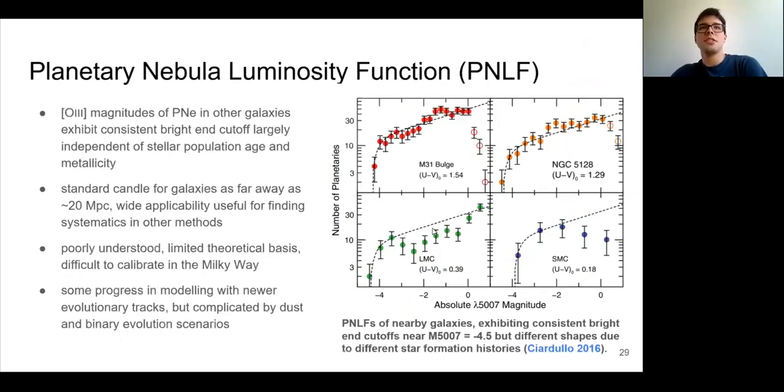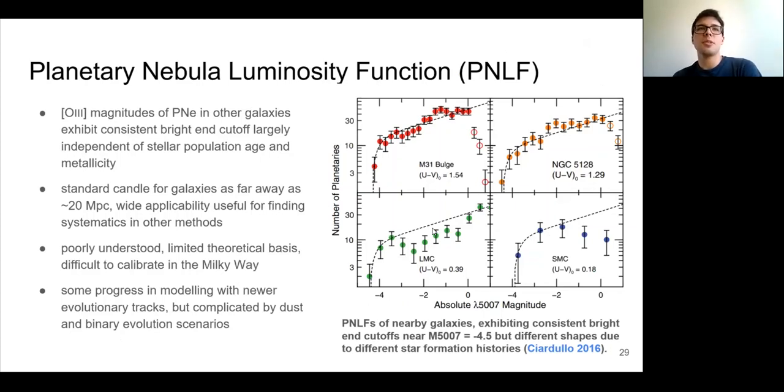The very last thing, which is more of a teaser, is that we're also looking at the Planetary Nebula Luminosity Function. I'm going to skip through this and say that it's important and interesting, and while it's not really used so much for distance scales anymore, it's very interesting in terms of the constraints it places on stellar evolution models and galactic star formation history.